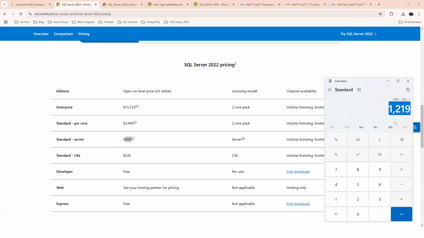If you are connecting 10 devices, 230 times 10 is 2,300, plus 989. So Microsoft is charging $3,289, still below the standard price.